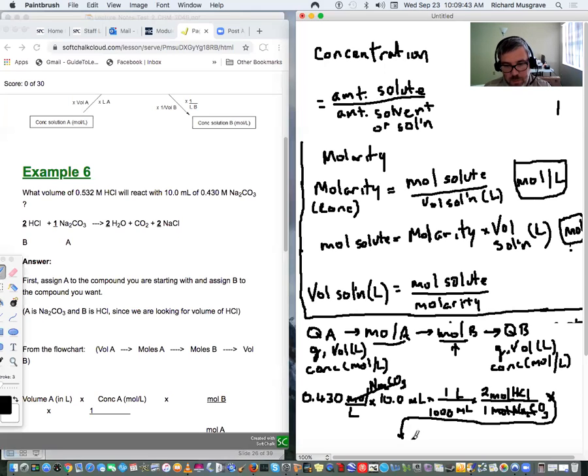And we're going to multiply by the flip of the molarity here. So that would be 1 liter over 0.532 moles of HCl.